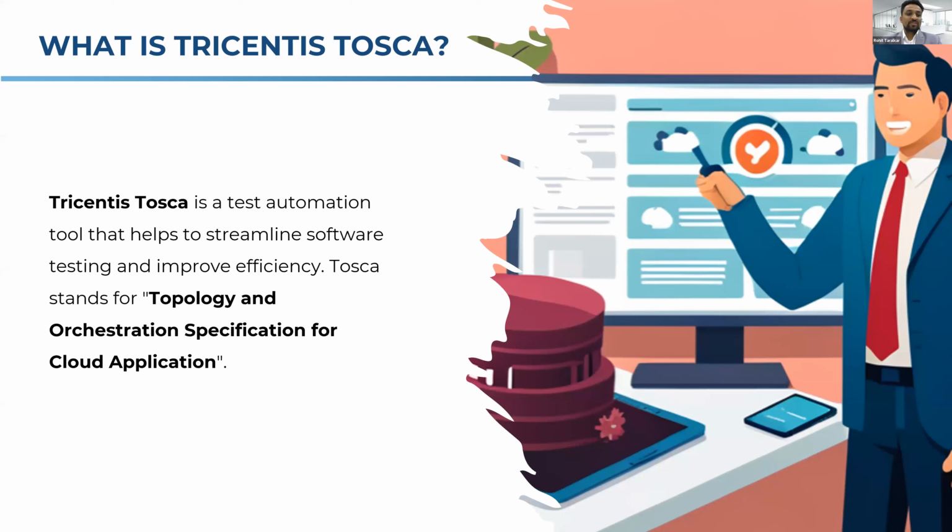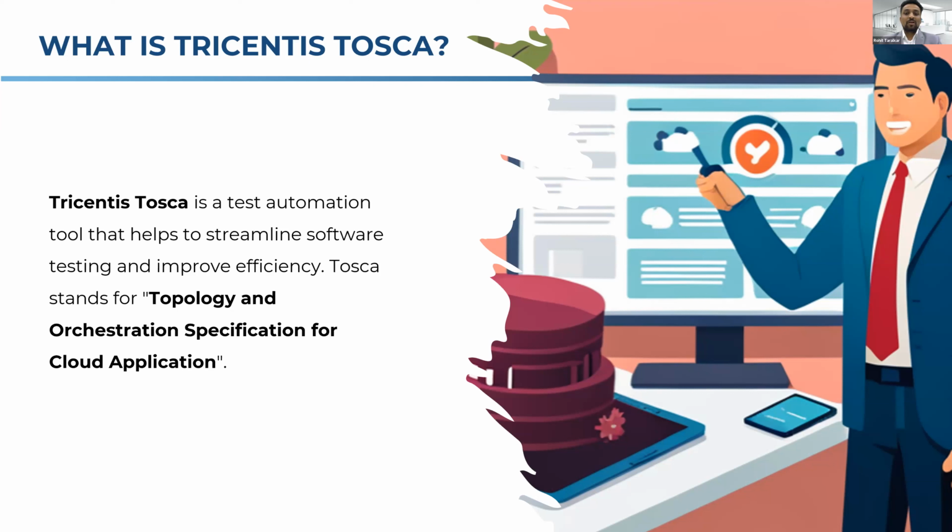So what is Tricentis TOSCA? Tricentis TOSCA is a test automation tool that enables users to streamline their software testing processes, reduce their test lifecycle, and improve the quality of their software releases.